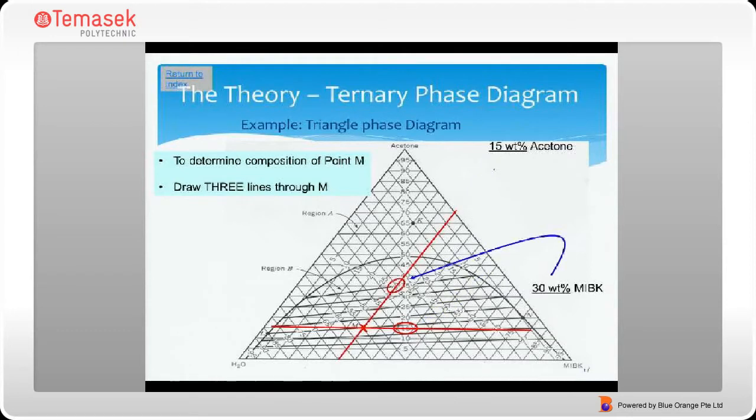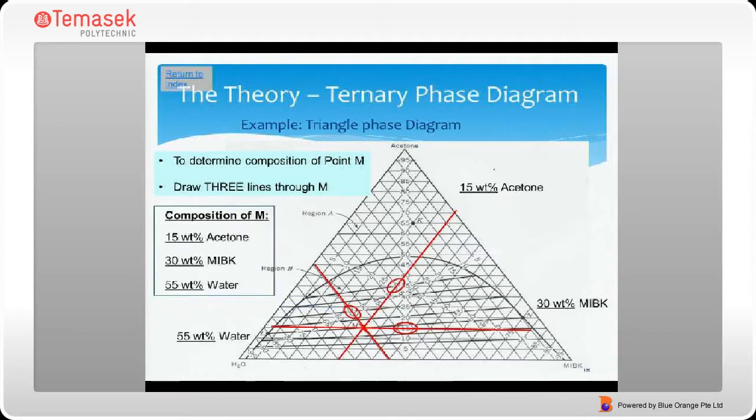Following the lines for MIBK, we see that it contains 30 weight percent MIBK. And finally, following the lines for water, it contains 55 weight percent water. So this is the composition of solution M. Note that for every solution, the total weight percent must add up to 100 weight percent.